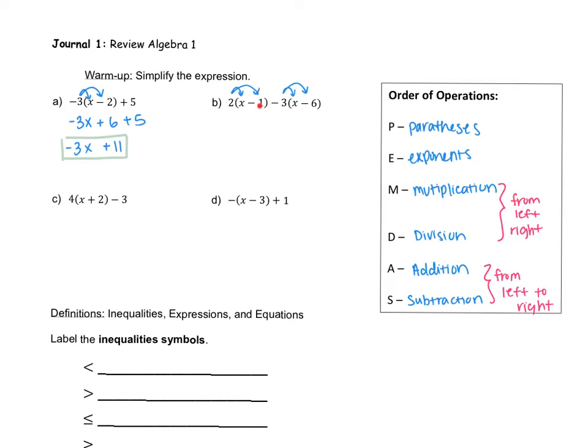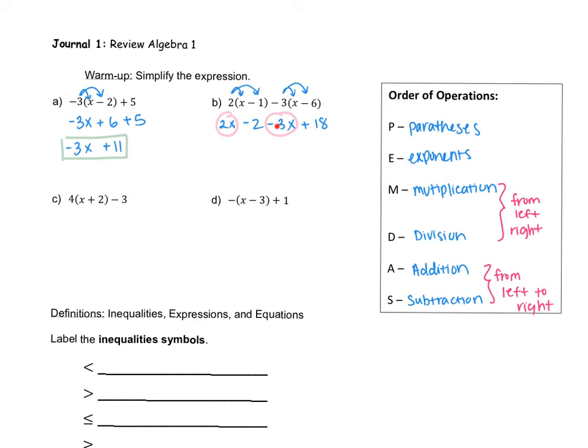So if you multiply the 2 in, this is 2x -2, because 2 times -1 is -2. Now I'm going to take this -3 and multiply that through, so that'd be -3x. And -3 times -6 is +18. Now when I look at this here, I'm like, hey, these two are like terms. That's an x and that's an x, so I can combine them. And so what we're going to do is combine the coefficients.